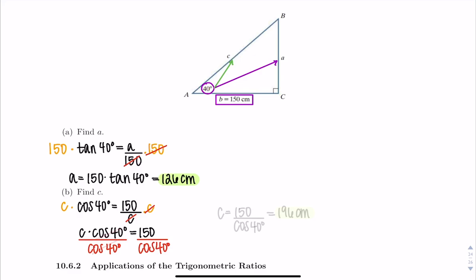So on the left they cancel, and we just get C equals 150 over cosine of 40, which gives us 196 centimeters.